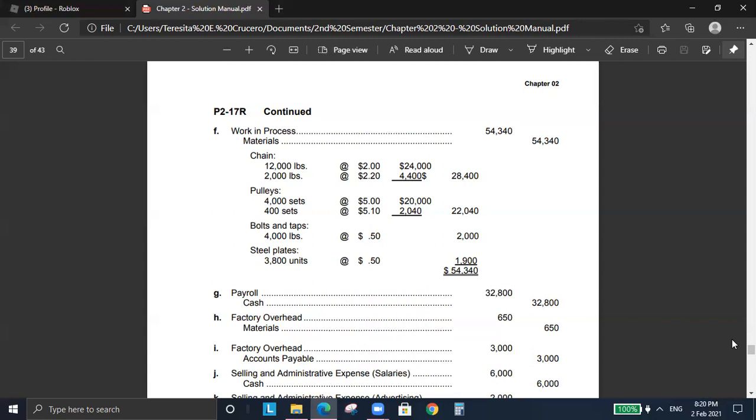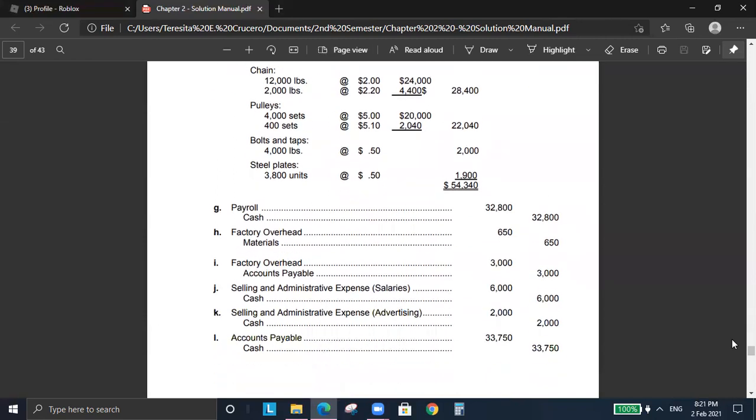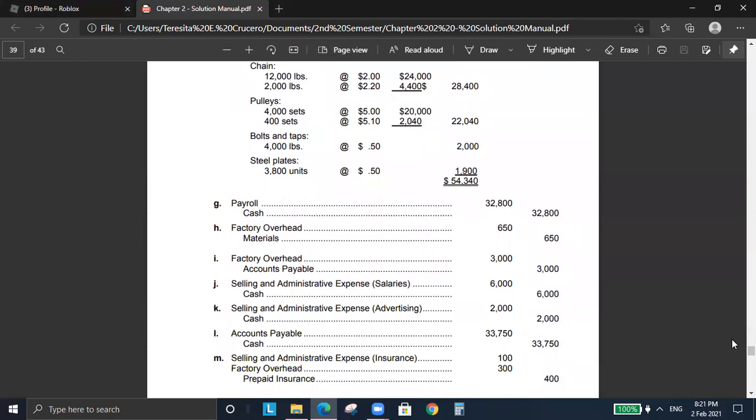Letter I, factory heat, light, and power cost for October 3,000 and it's not yet paid. So letter I, we debit factory overhead for 3,000 and credit accounts payable. Letter J, office salaries paid for 6,000. We now debit selling and administrative expense for office salaries.